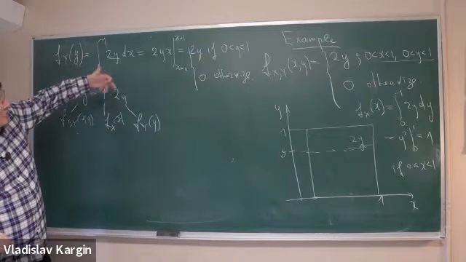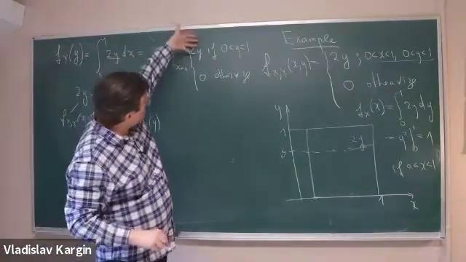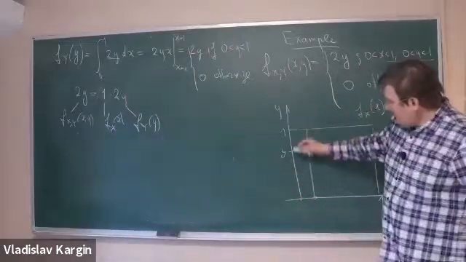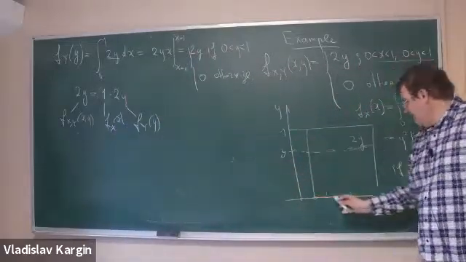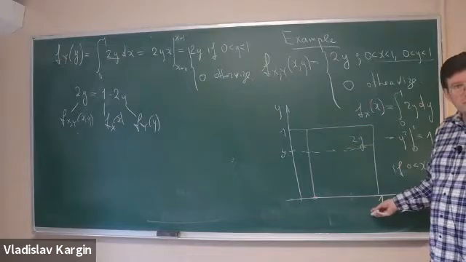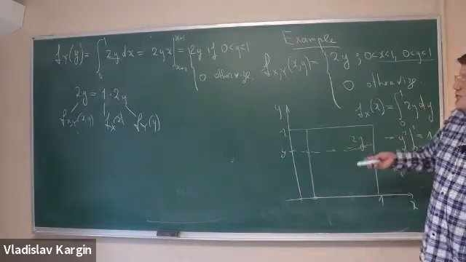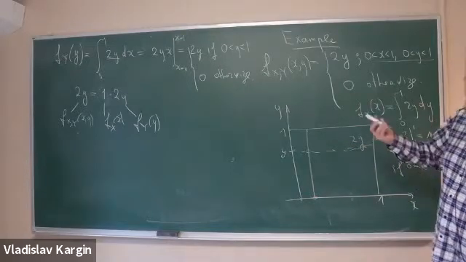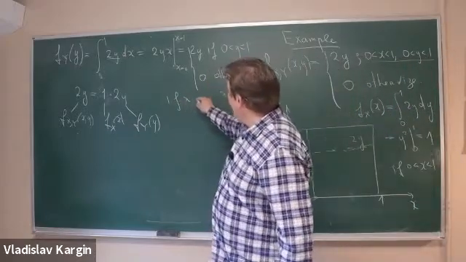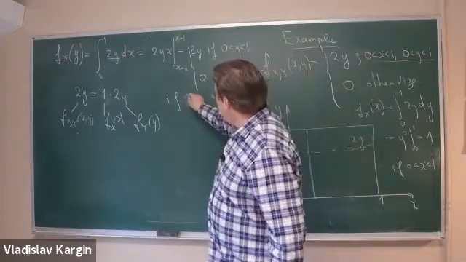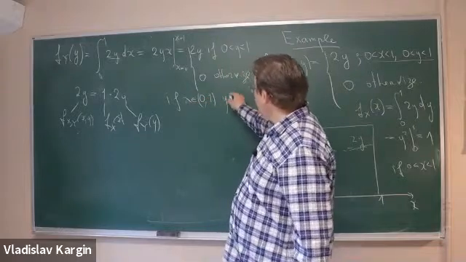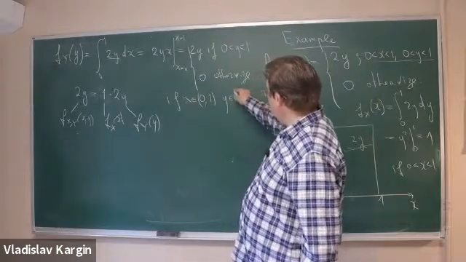So what we did, we checked only some of these things. We checked that the product is equal if we are between 0 and 1, between 0 and 1, and it's equal to 2y. And theoretically, we also need to check the other cases. So this was if x belongs to 0 to 1, and y also belongs to 0 to 1.